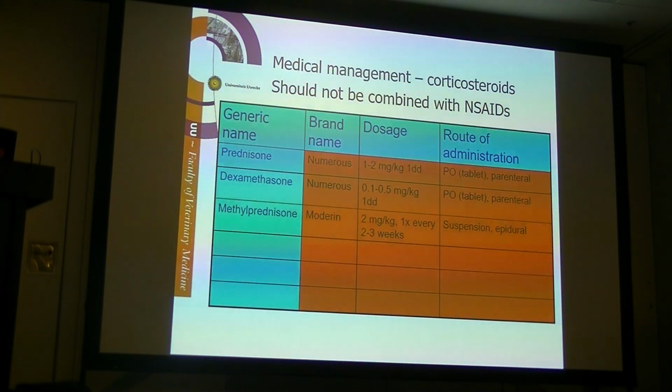And steroids are maybe a little bit more effective, but they do essentially the same as NSAIDs. So we can use prednisolone, dexamethasone. These are the dosages. And then there's a steroid that we can also inject in a joint space or in the epidural space.